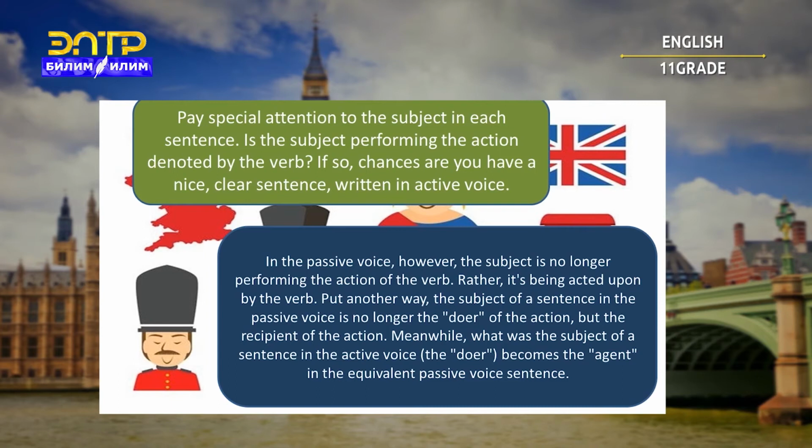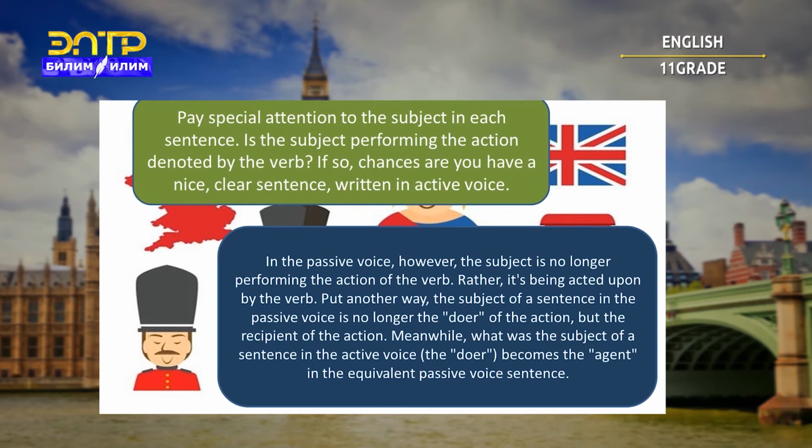Pay special attention to the subject in each sentence. Is the subject performing the action denoted by the verb? If so, chances are you have a nice, clear sentence written in active voice.